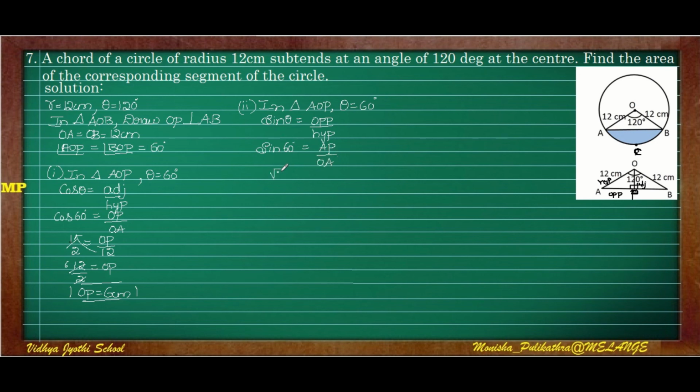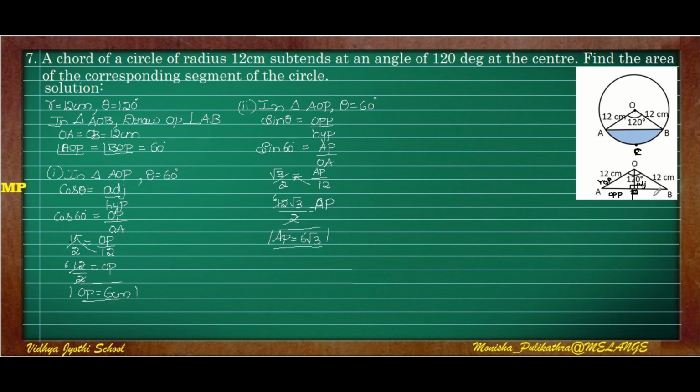Sine 60 value is root 3 by 2, and OA is 12. Again cross multiply, we will get 12 root 3 divided by 2 is equal to AP. So the value of AP is 6 root 3.